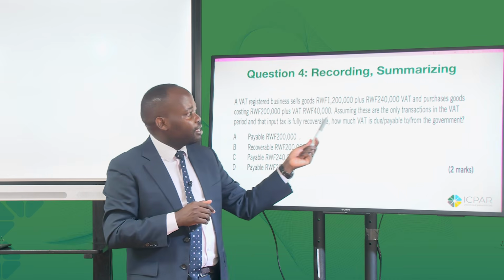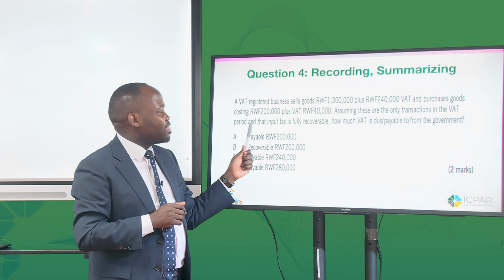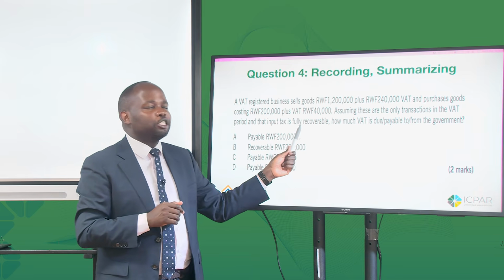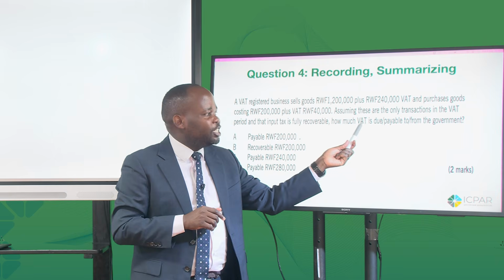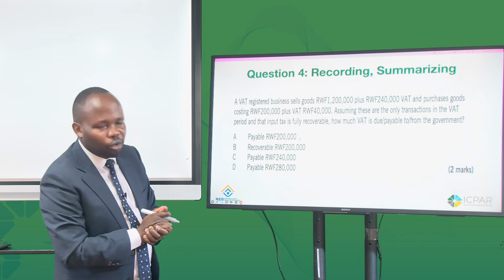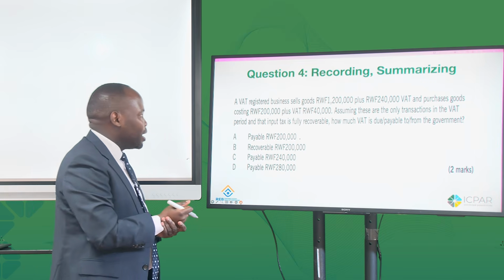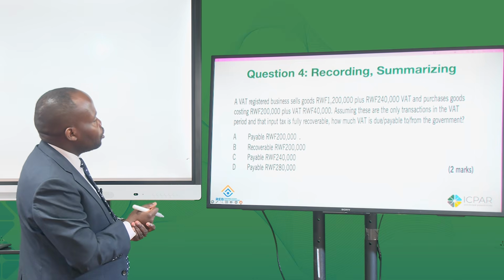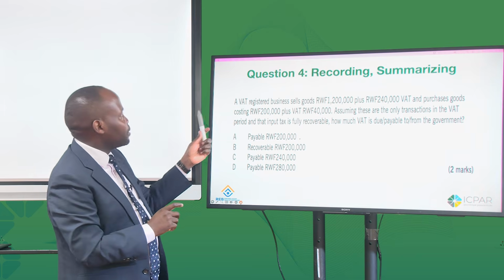Assuming that these are the only transactions in the VAT period and that the input tax is fully recoverable, how much VAT is payable to or from the government? So we need to know how much VAT is payable to or from the government. Now this is just a direct one.